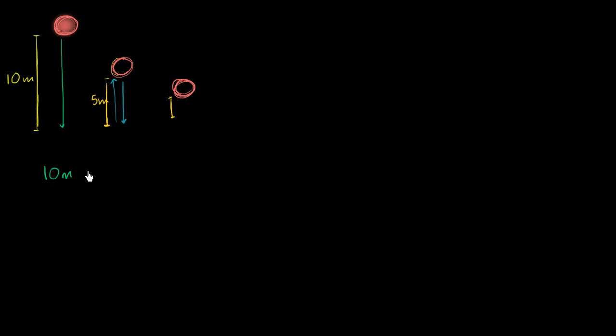Actually, I don't have to write the units here. Let me take the units out of the way. So the first bounce, once again, it goes straight down 10 meters.